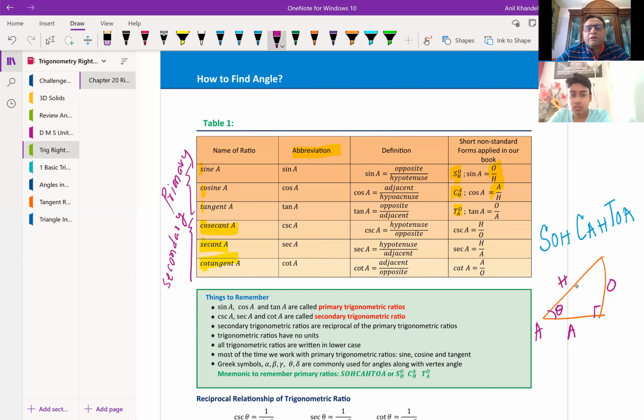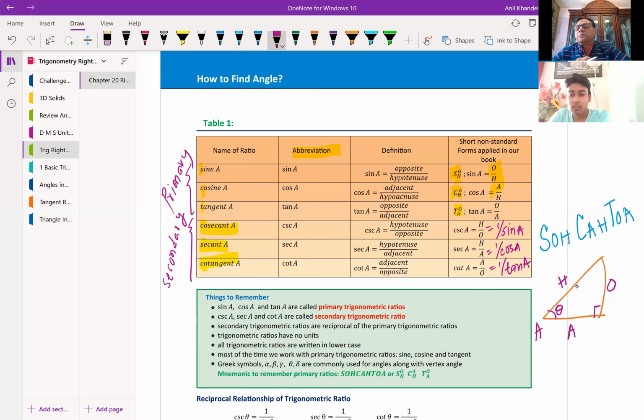Now, secondary trigonometric ratio, cosecant, is reciprocal of sine, and therefore you can see here we have written this as 1 over sine A, basically. Secant is a reciprocal of cosine, and cotangent is a reciprocal of tangent. Is that clear to you?